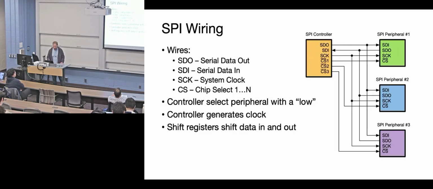SPI is interesting in the sense that there's no IEEE standard for it. Much like UART, it's kind of an emergent protocol that different companies have agreed to over the years, which is nice. It's becoming standard.